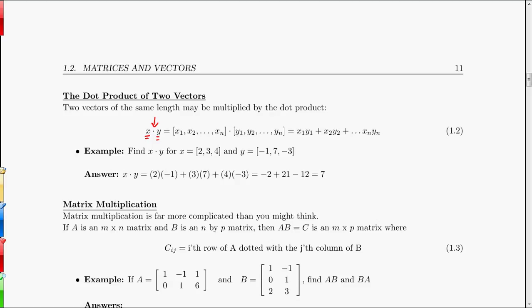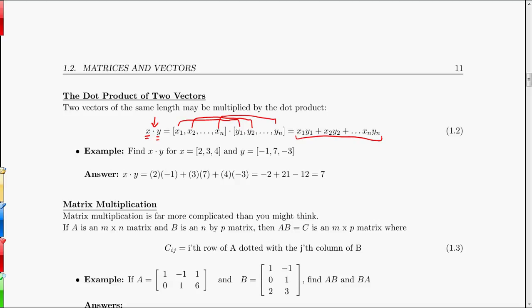It is a dot product. It is a new operation. And what it means is you take the first term times the first term and add it to the second term times the second term, on and on until you add the product of the last term with the last term. So that's what this is here.